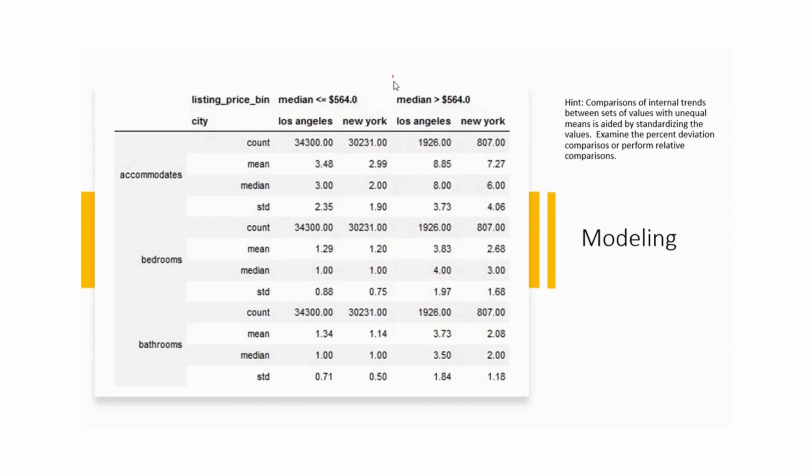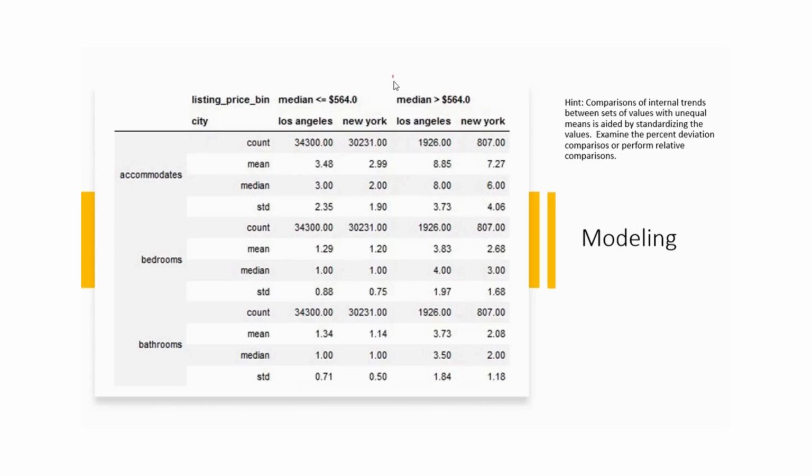So we calculate those same statistics for accommodations and then bedrooms and bathrooms. We see bedrooms, the mean is 1.29, the median is 1, and the standard deviation is 0.88. Bathrooms, the mean is 1.34, the median is 1, and standard deviation is 0.71.